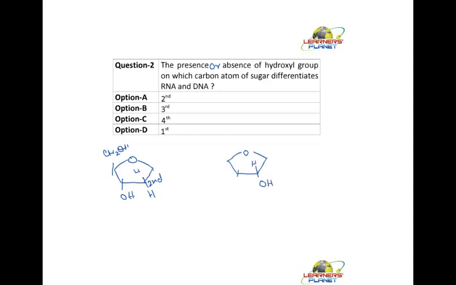This is OH over here, this is again OH, H, and here we have CH2OH. Now to the first carbon atom, a nucleotide base is bonded, and to the third carbon atom there is a phosphate group. Remember its structure, students. This is the first carbon atom.